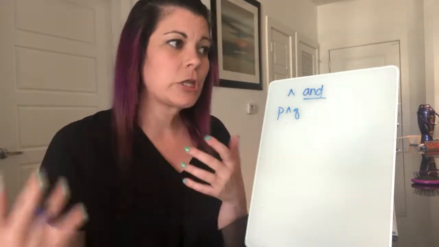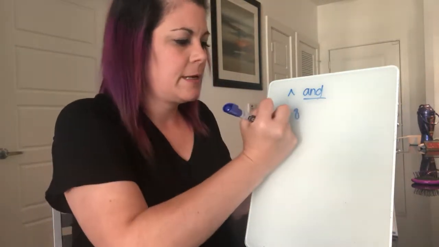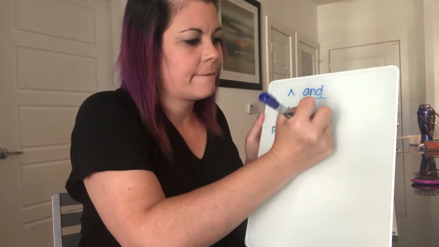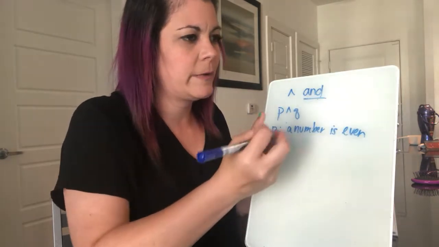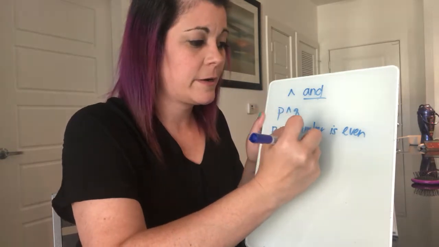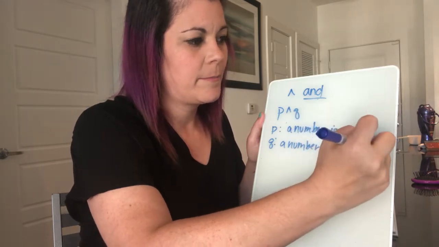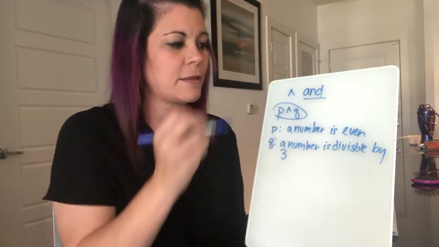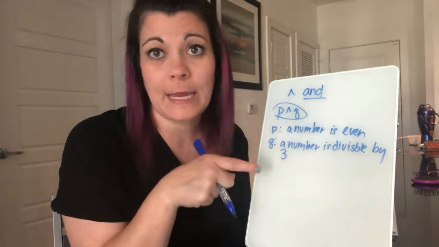For an example, if P is a number is even, and Q represents the statement a number is divisible by 3, then when I'm looking for P and Q, I have to pick a number that satisfies both statements.